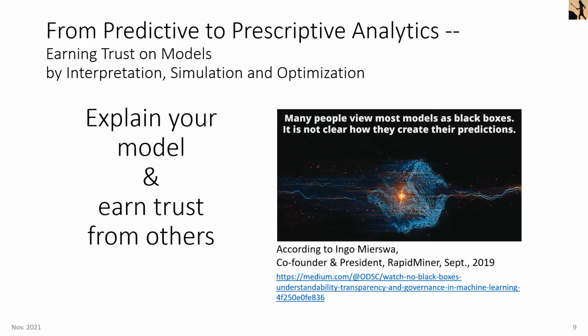Is that important? Yes, it is very important, because no matter how good you are as a data scientist, the purpose of your effort is actually to come up with a good model and convince the domain experts or the operational folks to accept your model and to trust the model.